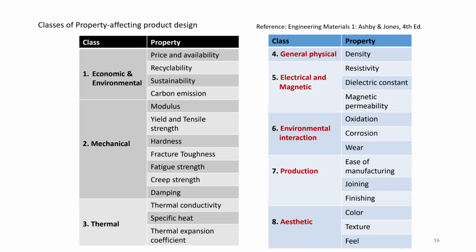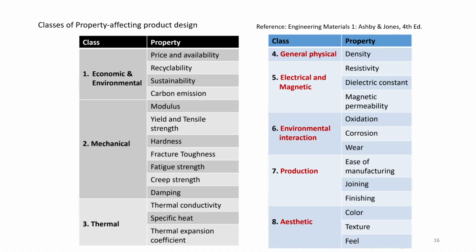Then there are various classes of properties affecting product design. First we have economic and environmental. So under these, price and availability, recyclability, sustainability and carbon emission are some of the properties. Then we have mechanical properties, modulus, yield and tensile strength, hardness, fracture toughness, fatigue strength and creep strength and damping.